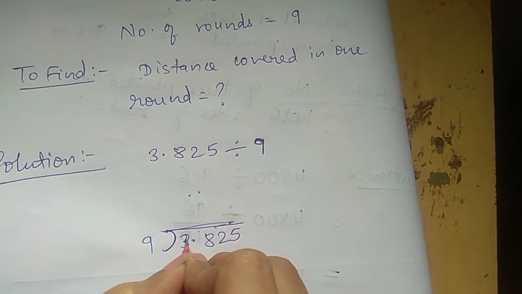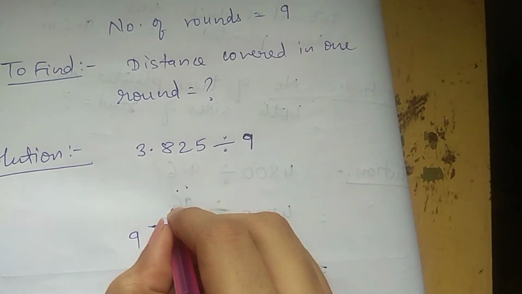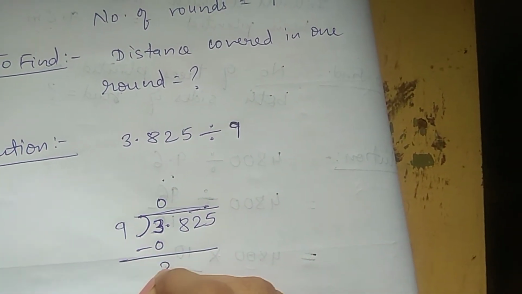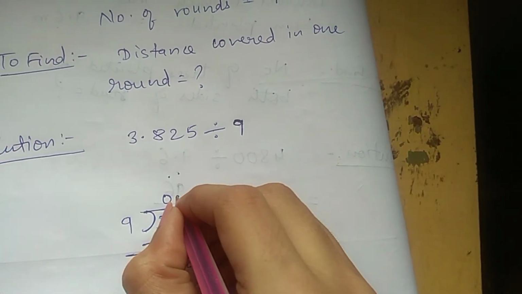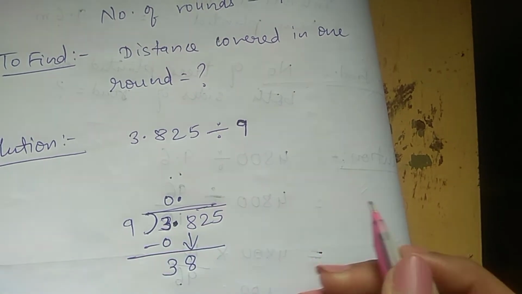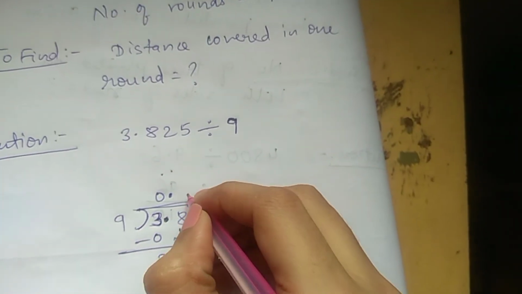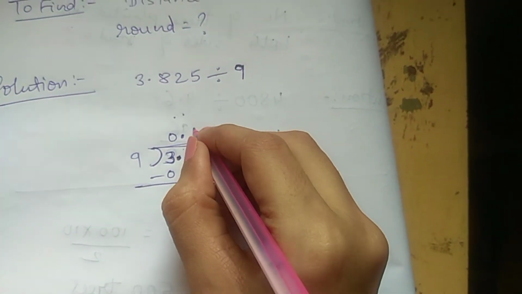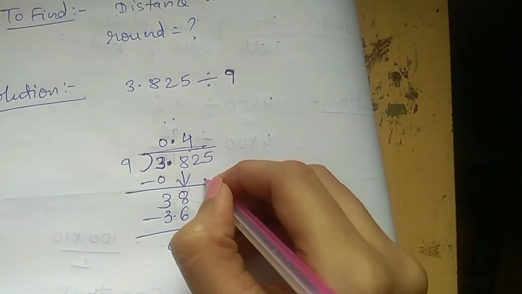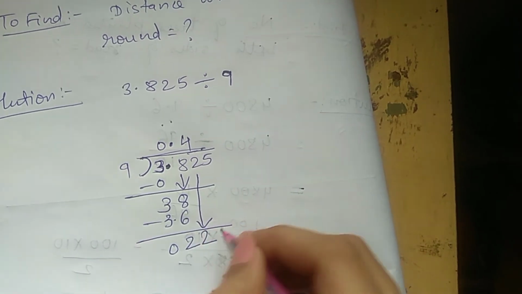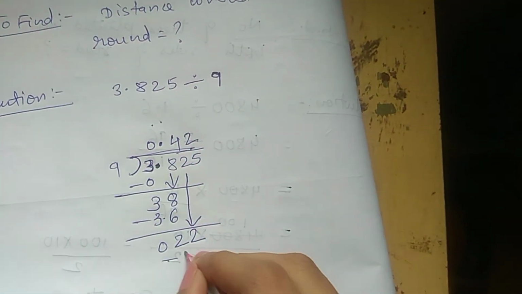First number 3. 3 doesn't come in 9's table, so 9 zeros are 0. Now the moment we take it down, we have to put a decimal over here because there is a decimal. So 38. 9 4s are 36. 2. Then 9 2s are 18.